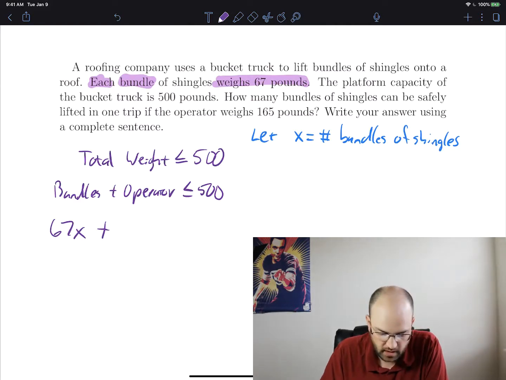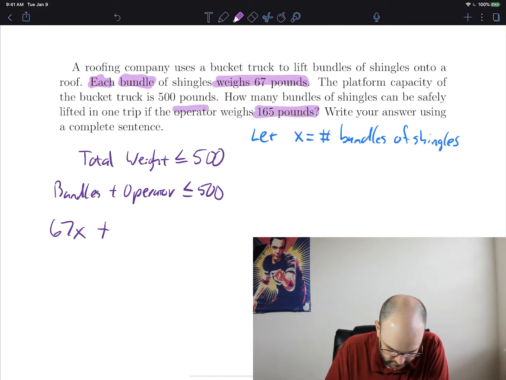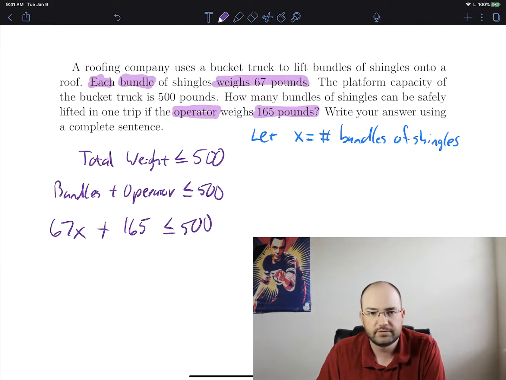And how much does the operator weigh? Well, the operator weighs 165 pounds. So plus 165, and all of that would be less than or equal to 500. There we go. Now we have an inequality.